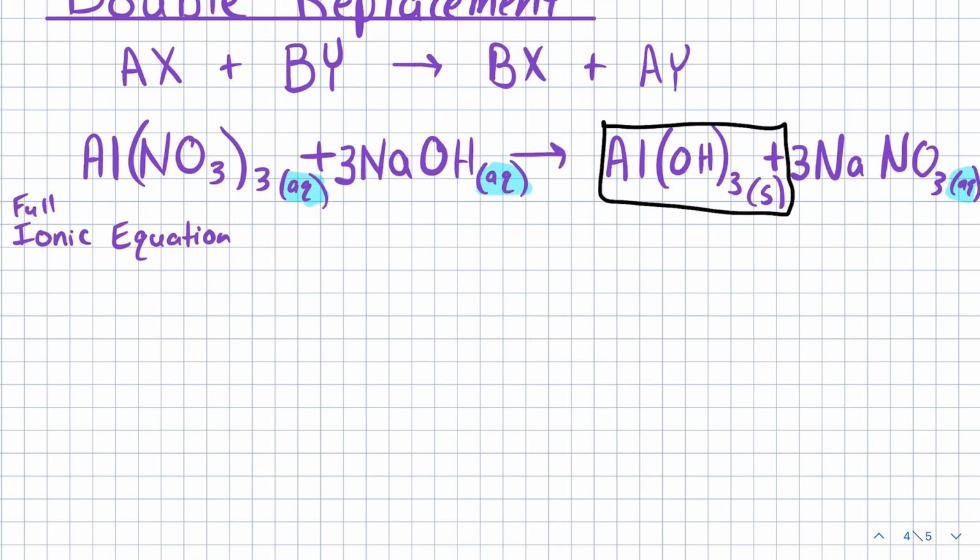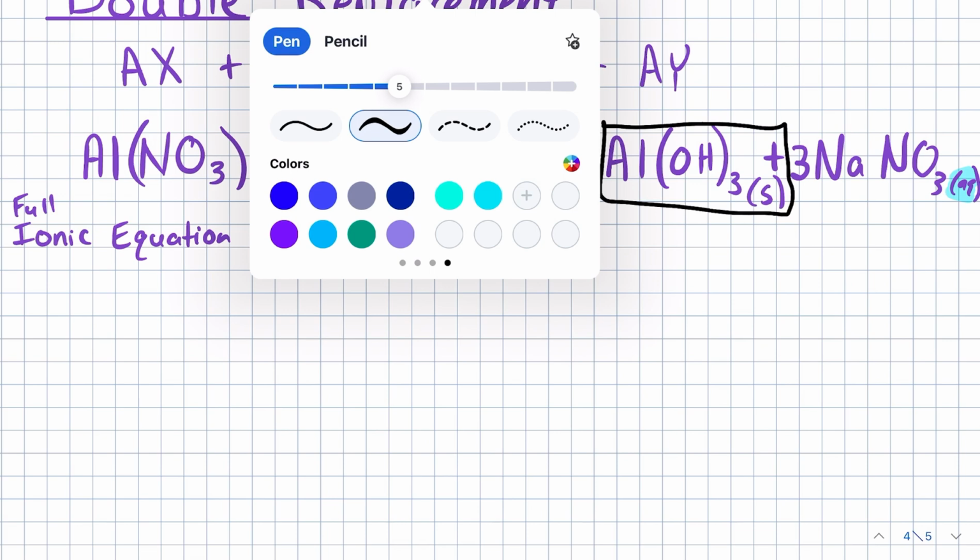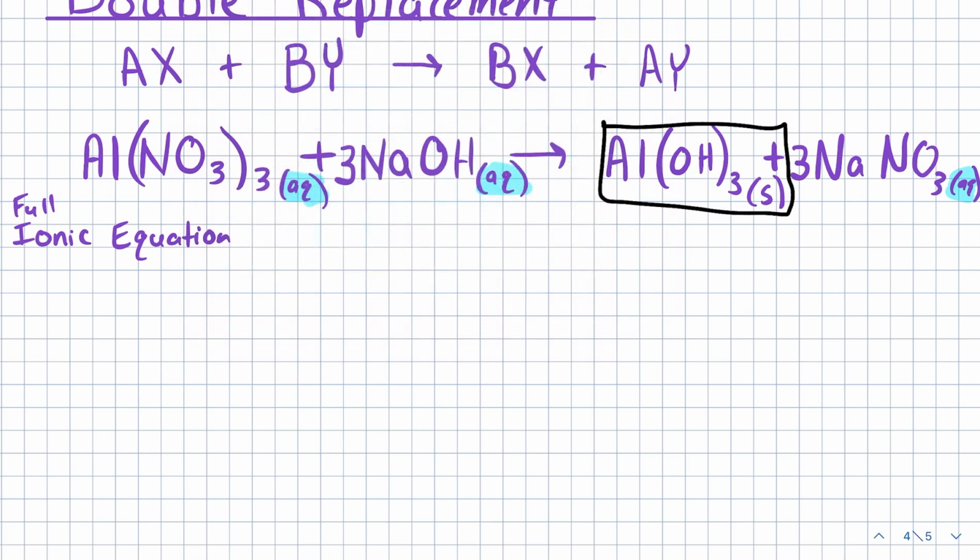So when I do this, I'm going to have aluminum. It's aqueous, so it'll be Al+3 aqueous, plus NO3. I'm going to keep the 3 with it, so that way it helps to keep things balanced. Aqueous, and it's a -1.